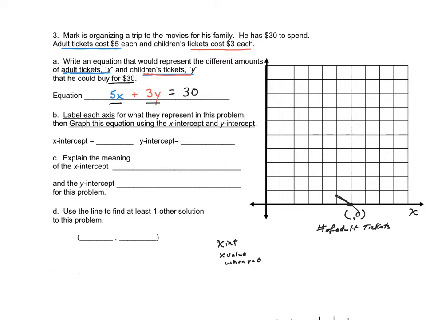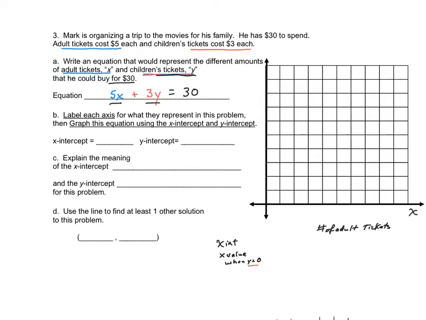Now, in this case, y being 0 would be 0 child tickets. So if you have 0 children go to the movies and it costs $5 for each adult, then the number of adults is going to be your x-intercept, because no children. Okay? So let's find that.